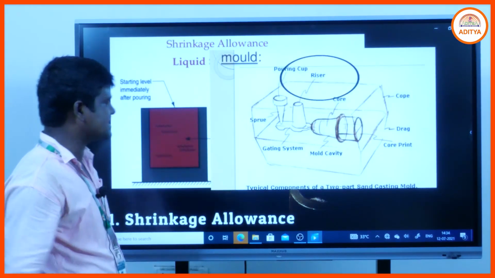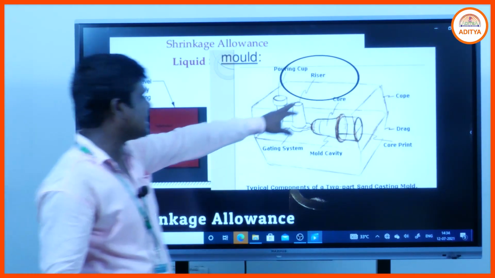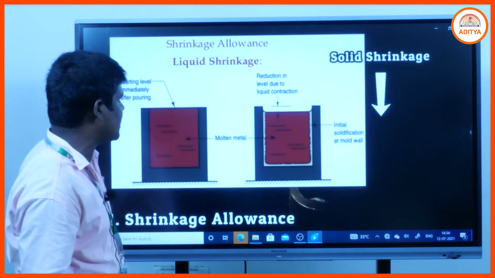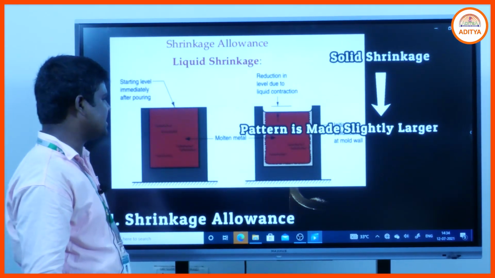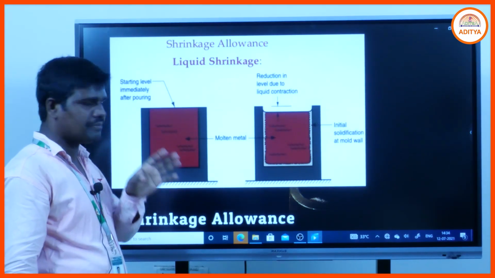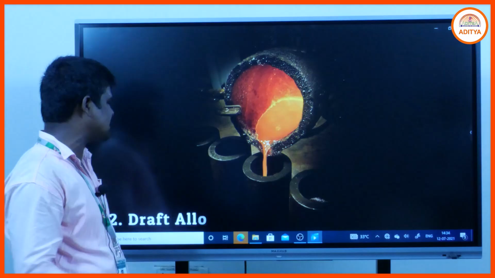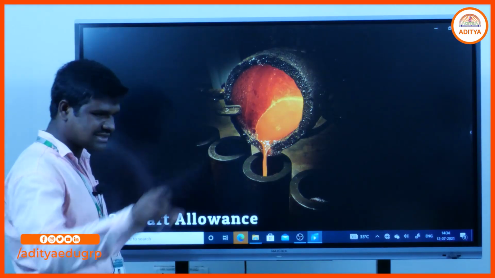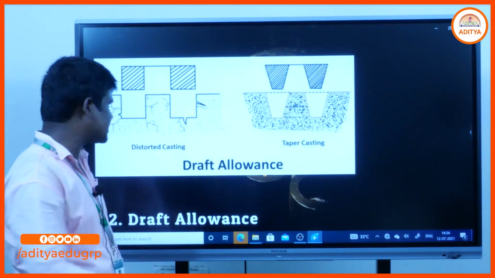That is the gating system, and the riser is used as a reservoir to provide the extra metal. For the pattern we take a larger desired shape to compensate for the exact dimension of the casting product.